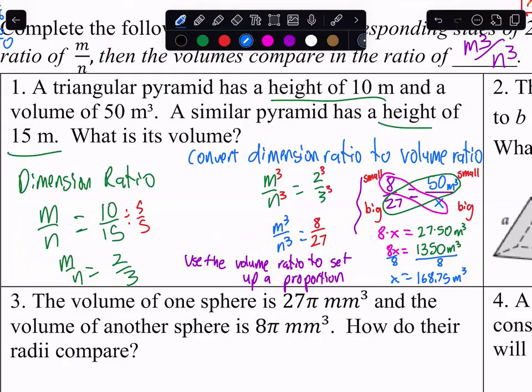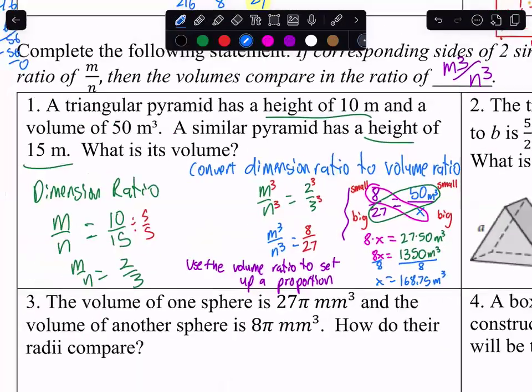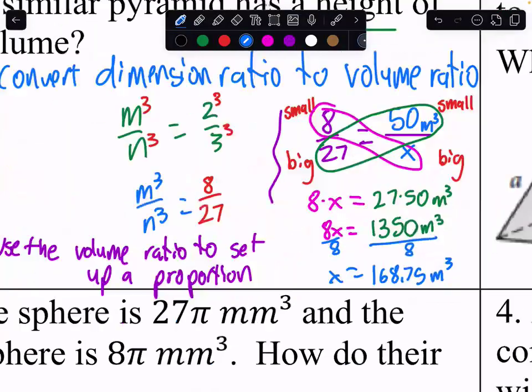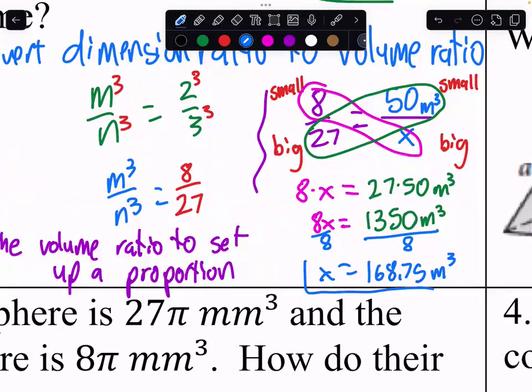So the bigger pyramid has a volume of 168.75 meters cubed.